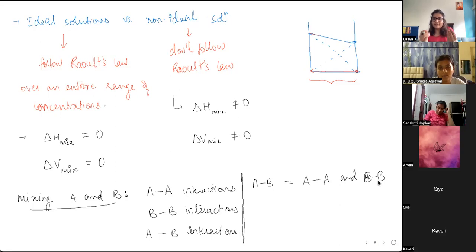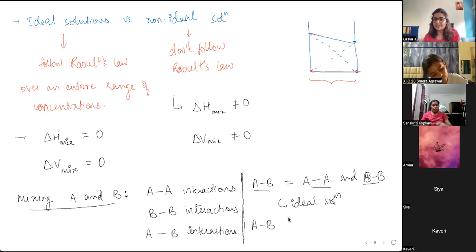At a molecular level, if the intermolecular forces, how much they attract, how much they repel, all of that remains the same, if everything is comparable, then you end up with an ideal solution. But if AB interactions after mixing are different from the individual AA and BB interactions, if it's not the same, then you end up with a non-ideal solution.